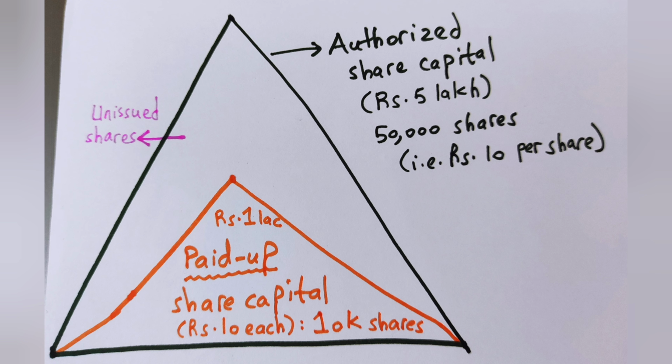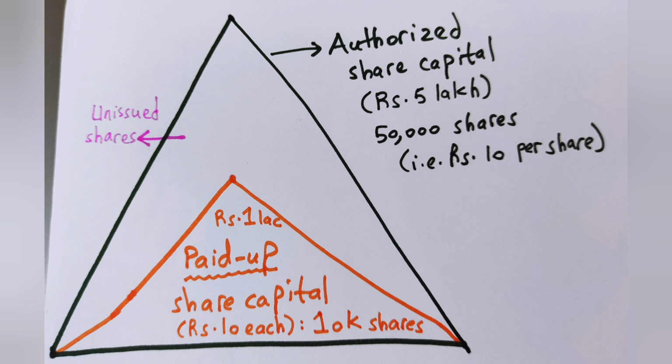Just remember that this is the maximum, and that is why in this picture it's the bigger triangle drawn in black, and then there's another smaller triangle drawn within this bigger triangle. I hope you have observed that by now.